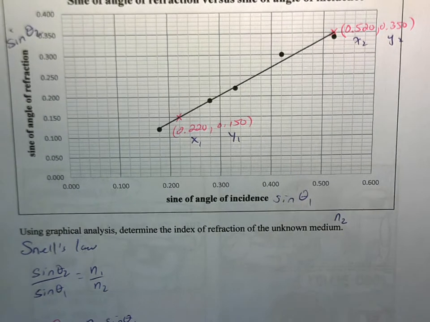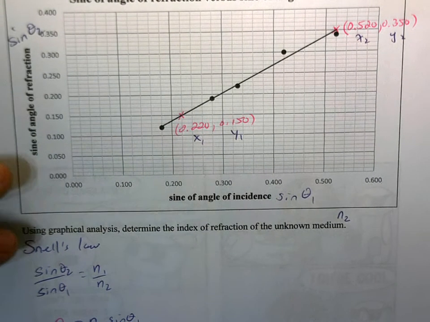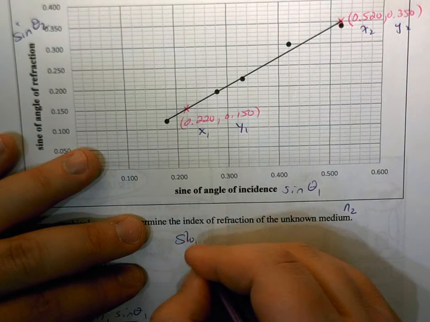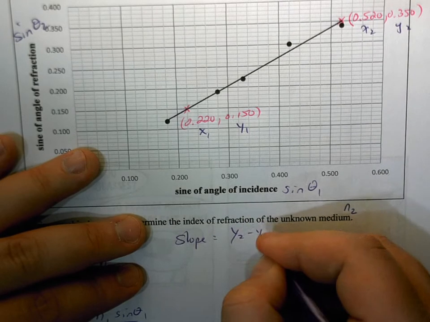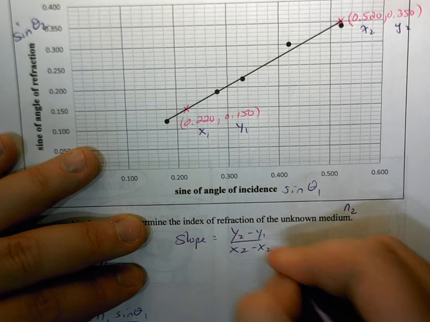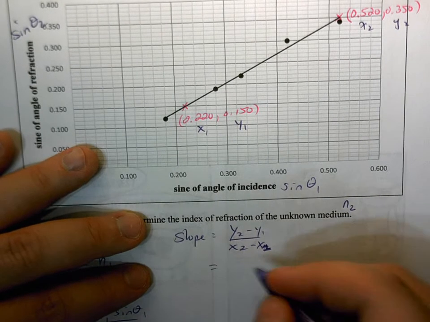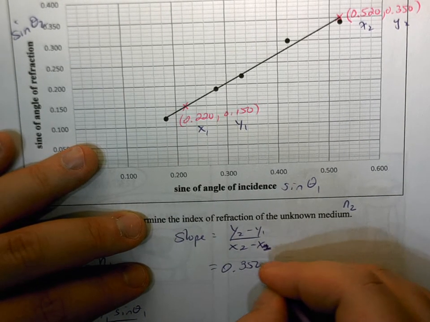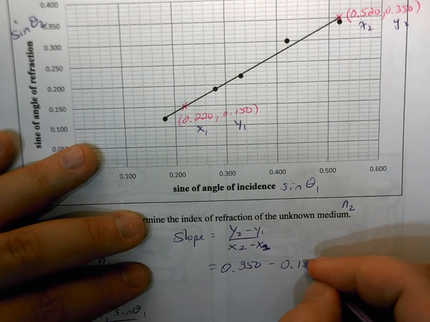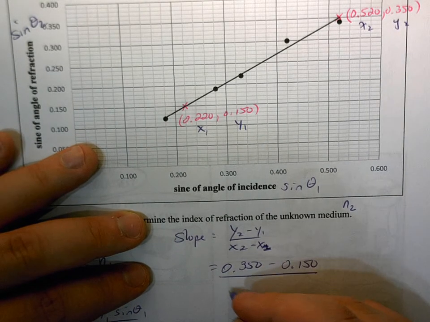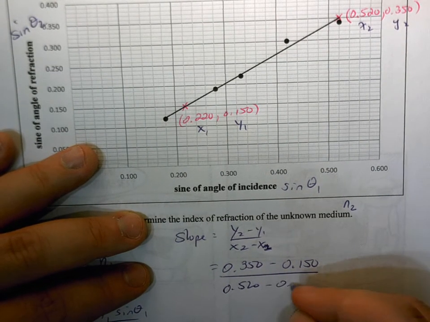What I'd like to do now is find the slope. We know that the slope is y2 minus y1 over x2 minus x1. So let's calculate that slope. We have 0.350 minus 0.150 divided by 0.520 minus 0.220.